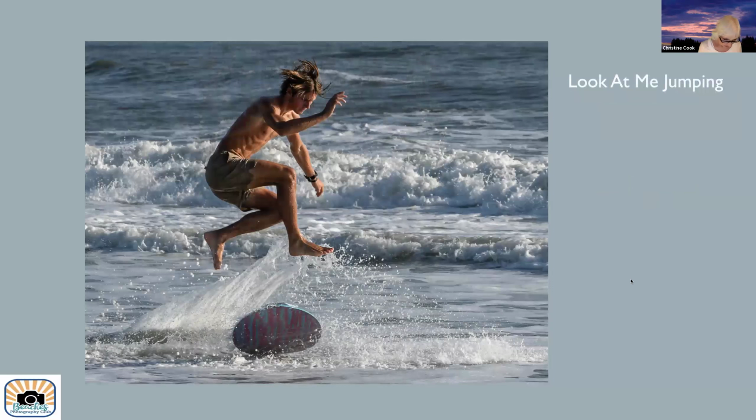Look at me jumping. You've caught the action of parts of his body really well. Look at his feet and his shorts and this hand here. And you get up to the face and it's very soft. This area is very soft.